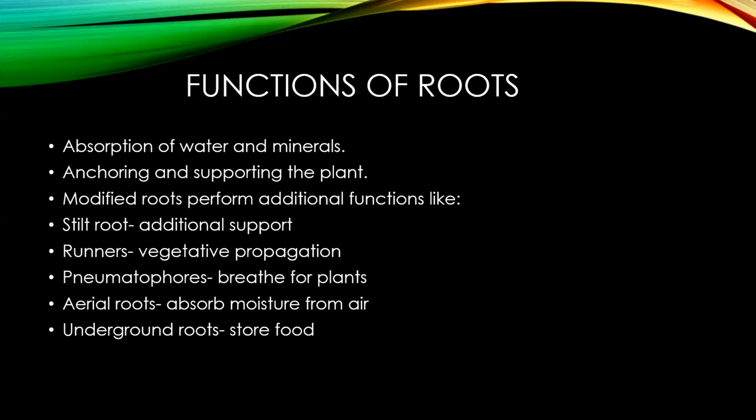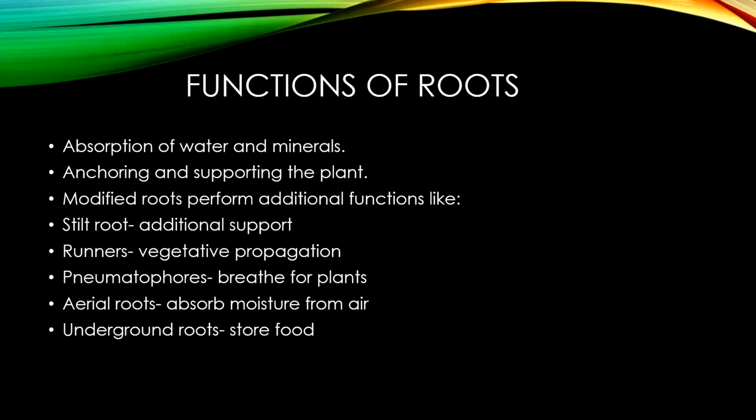Then we have runners, which we found in the strawberry plant, used for vegetative propagation, which means in order to produce a new plant, this root grows in a horizontal direction, and at one point the new plant starts growing. The next kind is pneumatophores, which we have seen in mangrove plants.